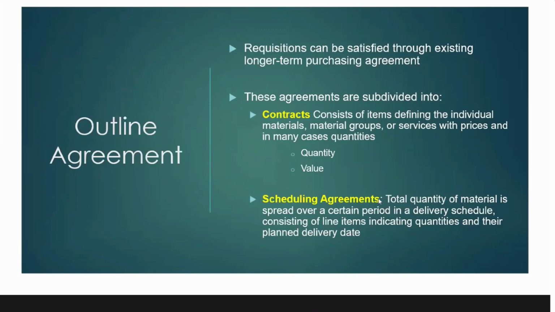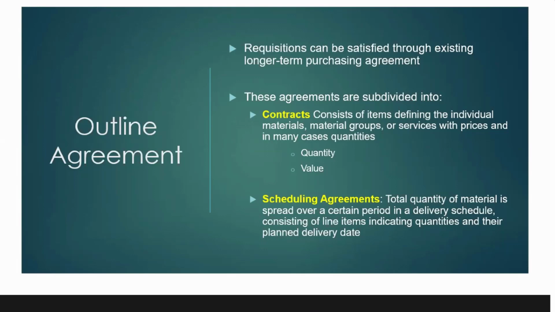So now the schedule agreement is different. A schedule agreement is an agreement that puts the total quantity of material spread over a certain period in a delivery schedule. Here in the schedule agreement, we have an agreement with HP, and for example every month HP will deliver for us 100 computers.